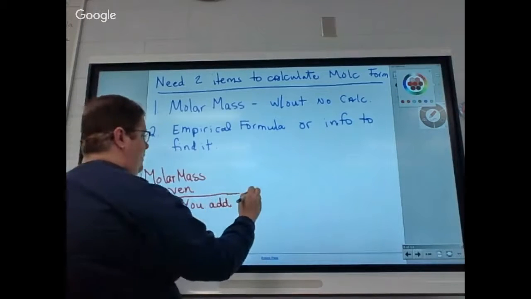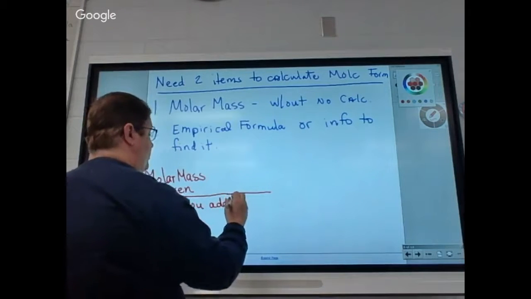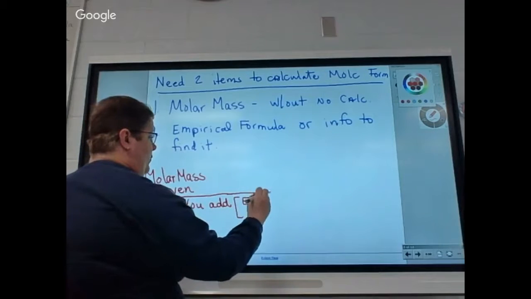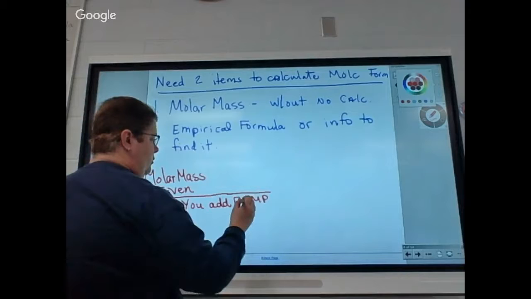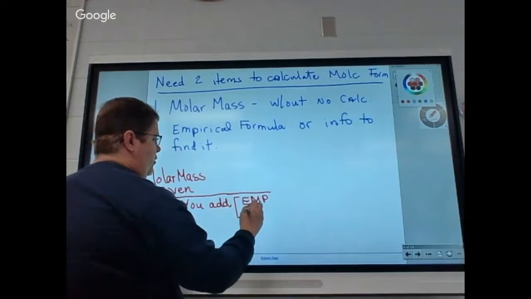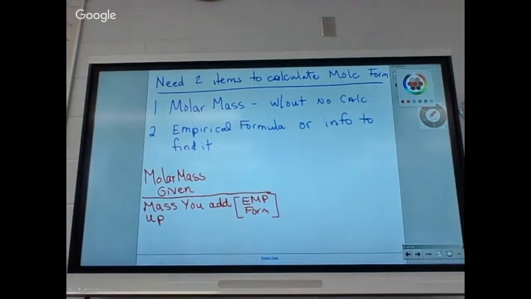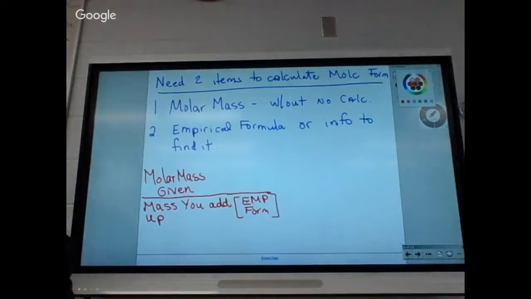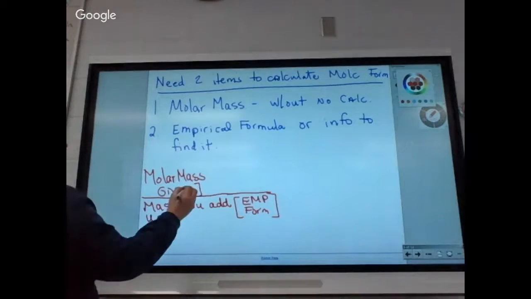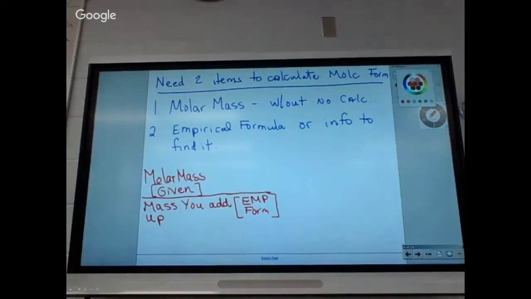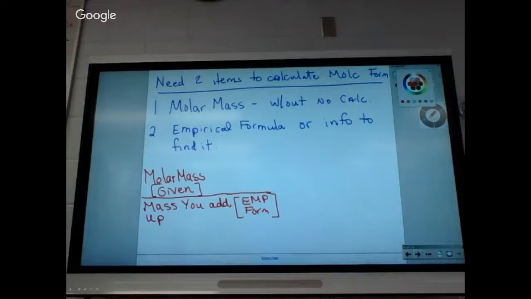So this will come from the empirical formula. And the molar mass is going to be given. The mass you add up is going to come from the empirical formula.